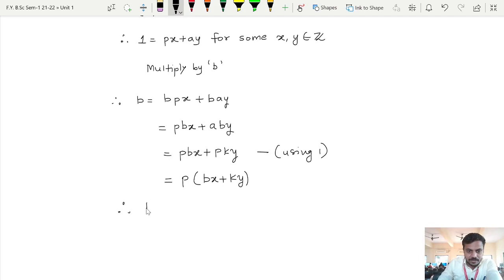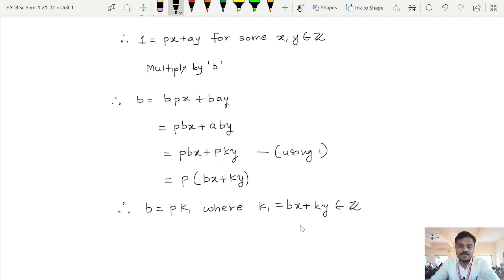Therefore, B is equal to P multiplied by some k1, where k1 is nothing but Bx plus ky, which is also an integer, because all the numbers involved here, B, x, k and y, are integers. Therefore P divides B, and that is what we wanted to prove.